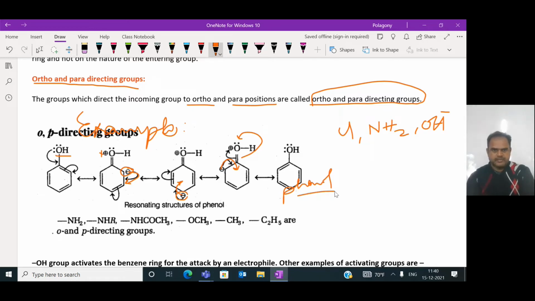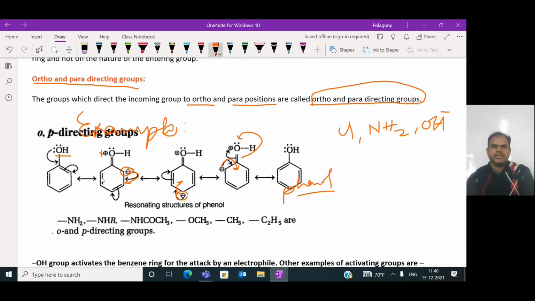So what we understand from this is that when the benzene is attached to a substituent or functional group containing a lone pair of electrons, those lone pair of electrons will interact with the pi bond, triggering resonance, delocalization of electrons.